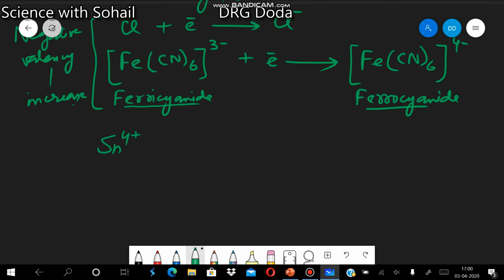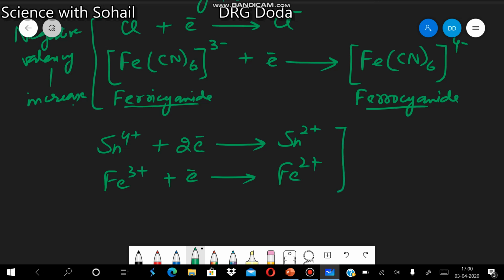Now Sn4+, that is stannic ion, gains two electrons and forms Sn2+, that is stannous ion. So this is a case of reduction. Similarly, ferric ion gains an electron and forms ferrous ion. So in these two cases again there is gain of electron, so these represent reduction.